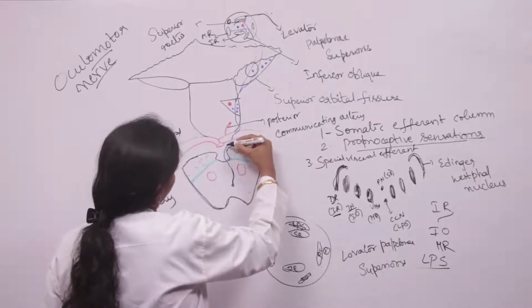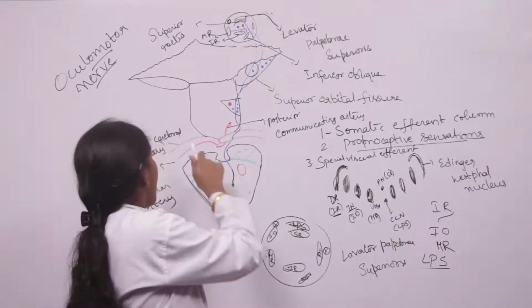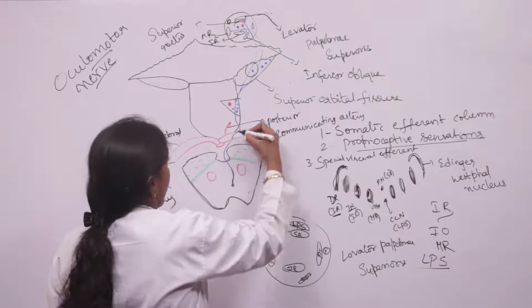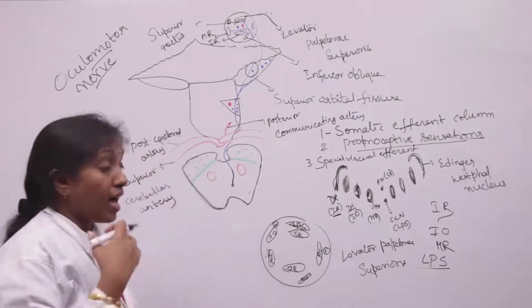In the interpeduncular cistern, it passes between the superior cerebellar and posterior cerebral arteries, and here it pierces the arachnoid mater.